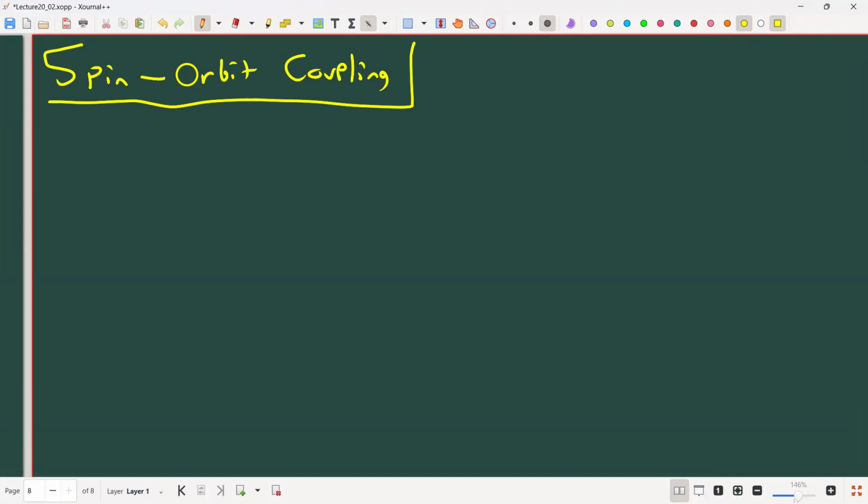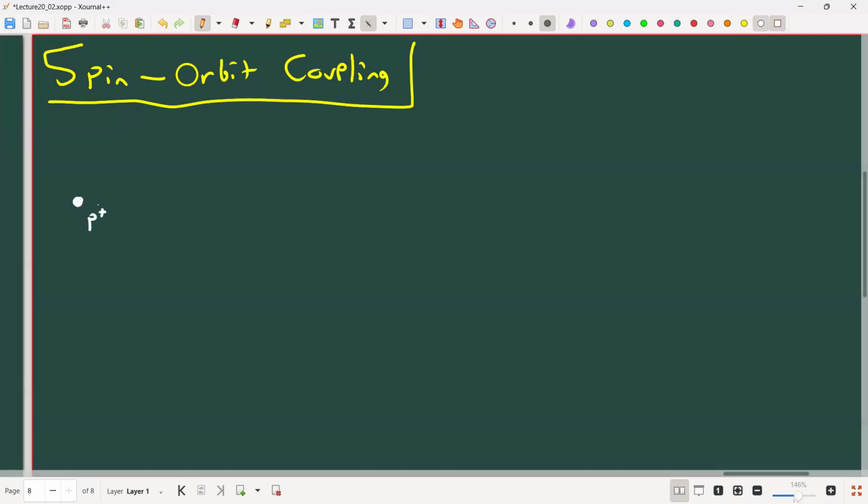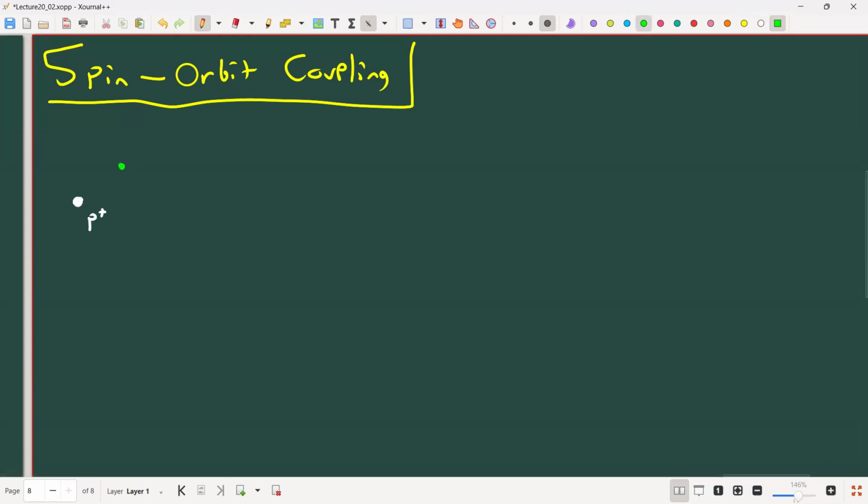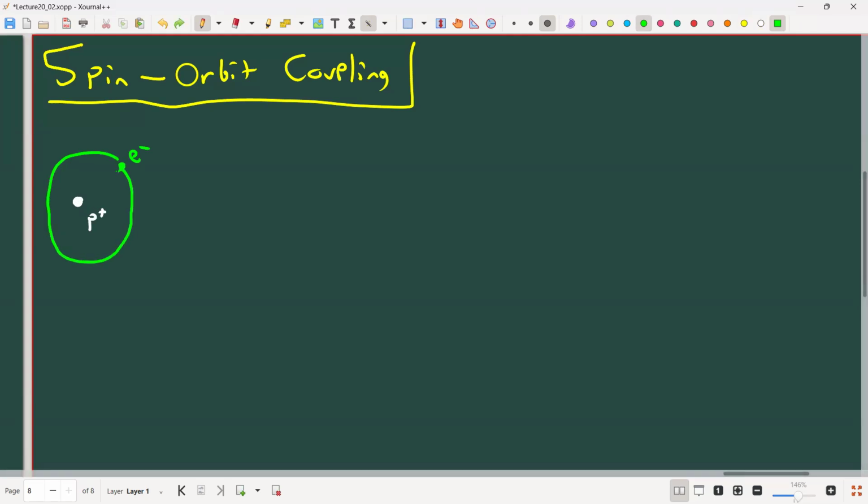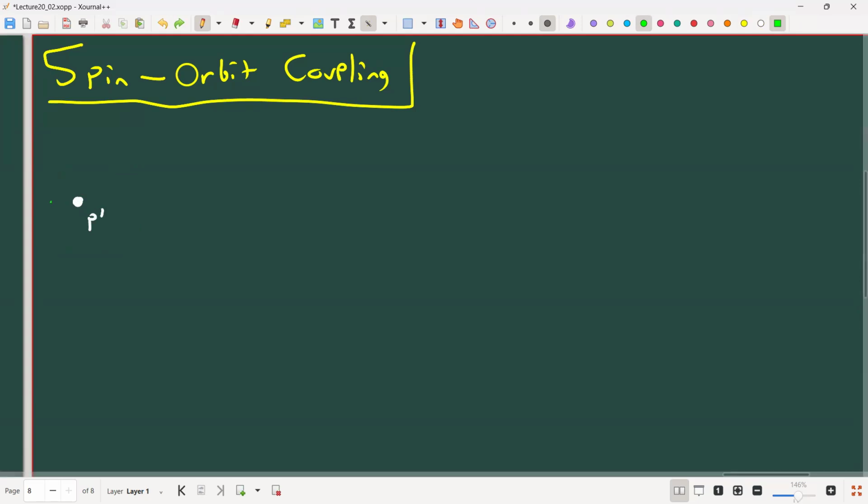So let's think about the angular momenta in our atom. So we have a proton here, right? And we have an electron at some distance. I want to draw it kind of at an angle.